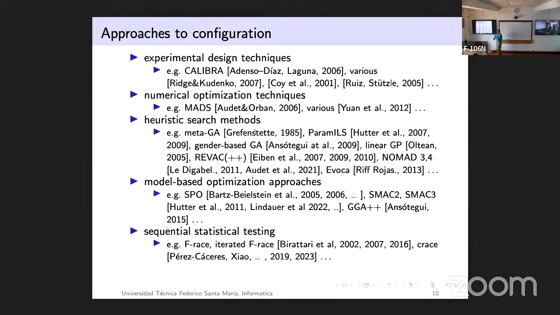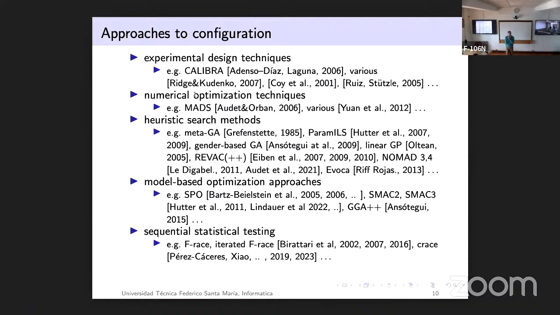And so Grefenstette was not considered. But then it went on. Yeah, ParamILS, genetic algorithms, linear programming, and so on and so on. And this is mostly from the years 2010 or something like this. So, yeah, that is what started. Yeah? But this is also what goes on, for example, NOMAD, which is also from 2021.